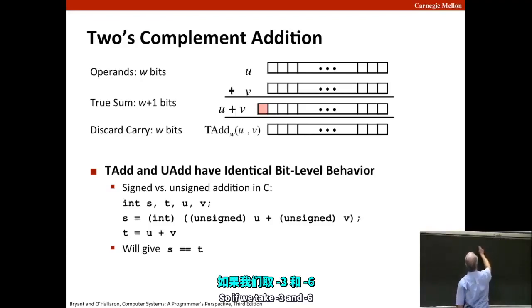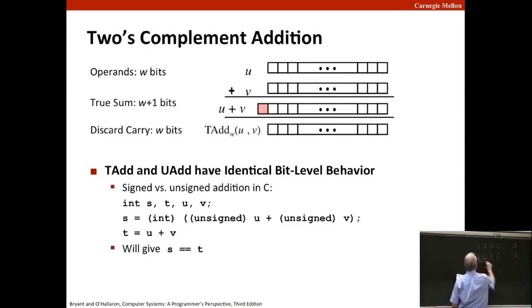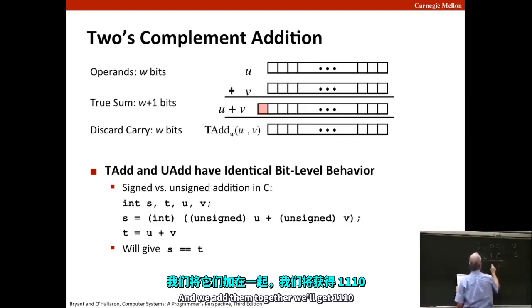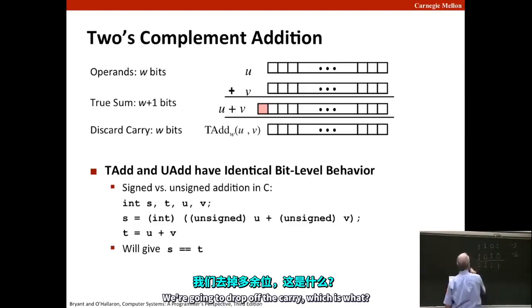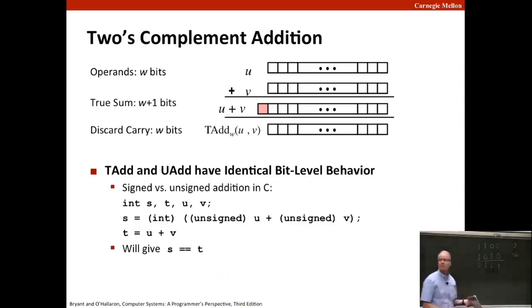So if we take 3, and it's minus 6, and we add them together, we'll get 1110. We're going to drop off the carry, which is what? 7.